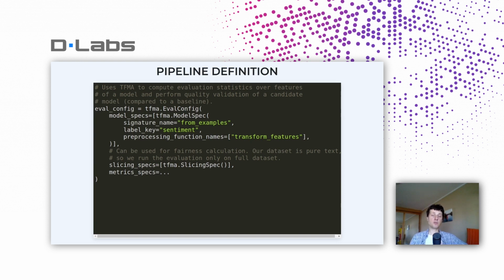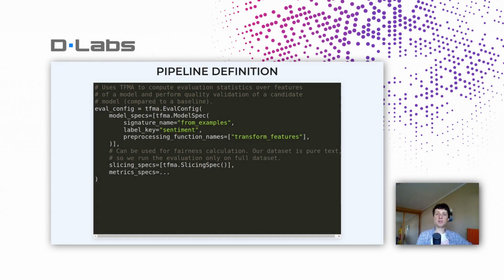For example, if you had a gender feature in your dataset, you could configure here that you want the slicing spec to be on gender, and then all the metrics are going to be computed over the possible values of the gender feature. So you would get, for example, an accuracy score for men and a separate accuracy score for women.